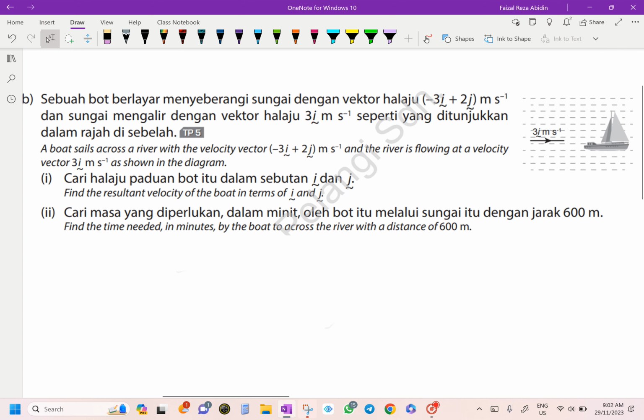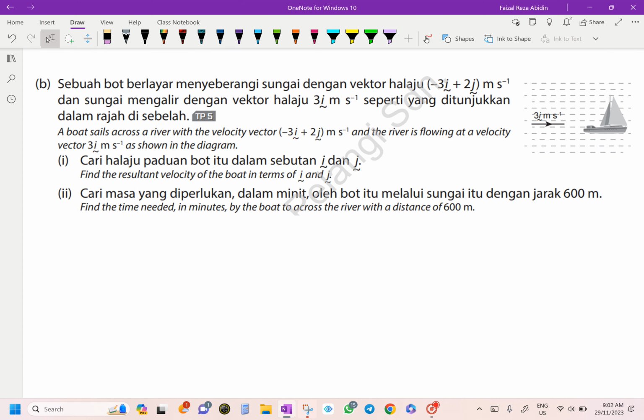Okay, girls. This is going to be the vector of the velocity of our boat. Then the velocity for the river is given as 3i.